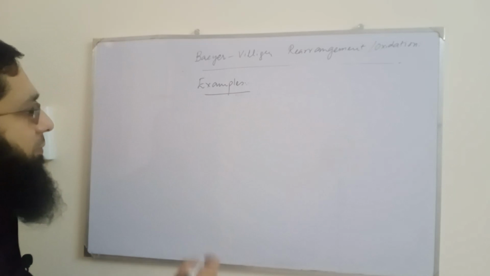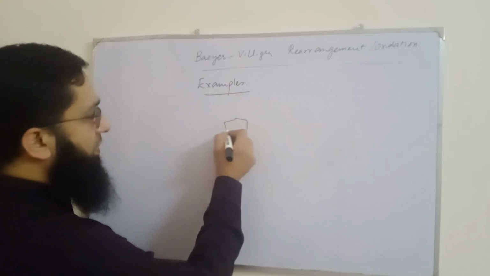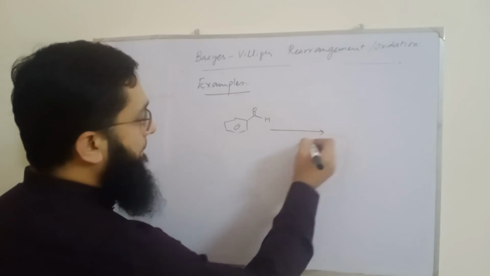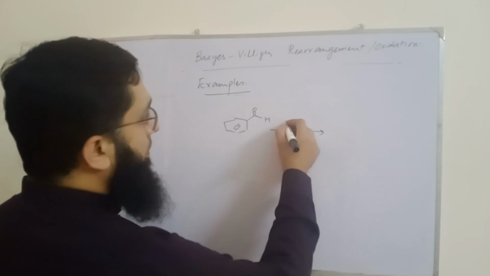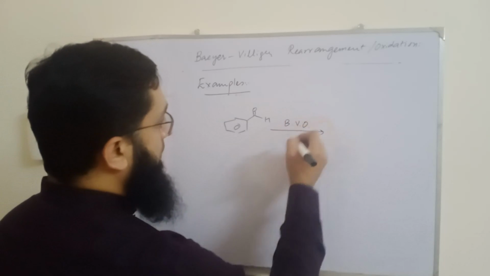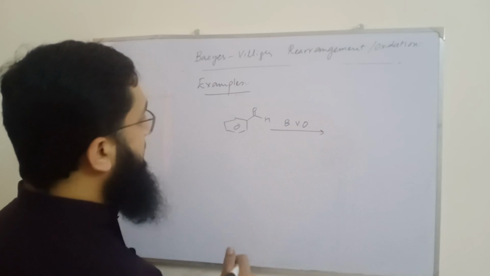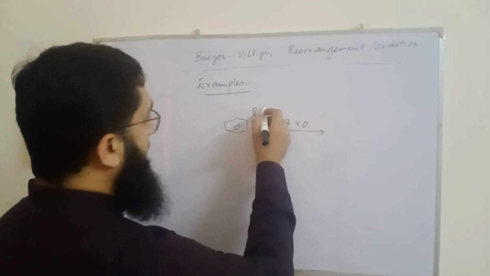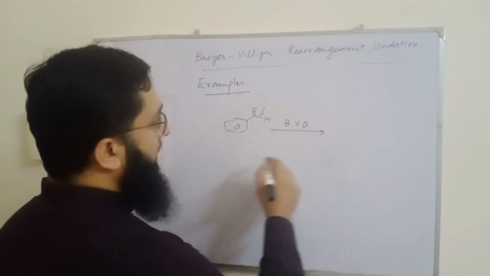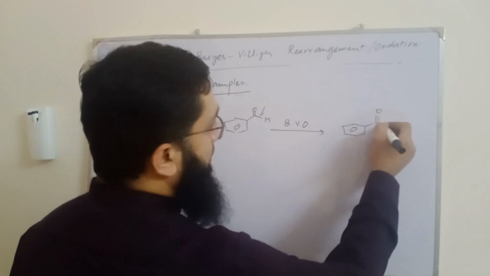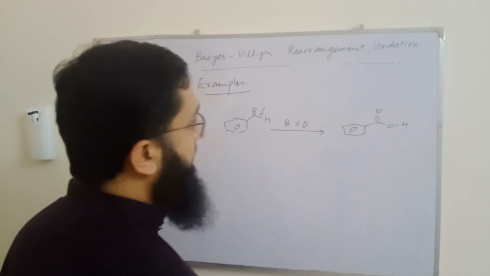If we have benzaldehyde and we subject it to Baeyer-Villiger oxidation, then there is possibility of insertion of oxygen at this position, and as a result we get benzoic acid.